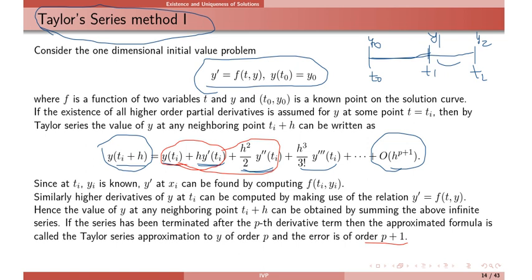Of course the Taylor series is an infinite series, so you have to stop at some point. So if you stop at the pth derivative, then we say that the order of the method is p.